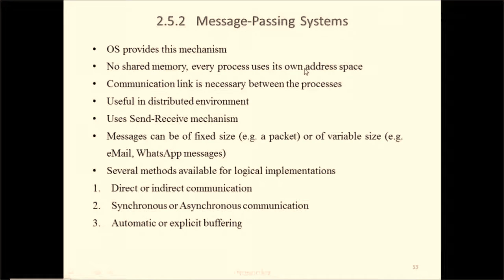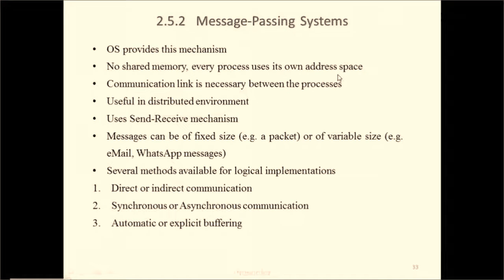Emails are also a way of message passing system. Characteristics of course are different, but majority of the parameters will apply to email, Facebook, WhatsApp. I'll be referring to WhatsApp for continuity, and wherever necessary I'll switch to the other two applications. Okay. No shared memory. Every process uses its own address space.